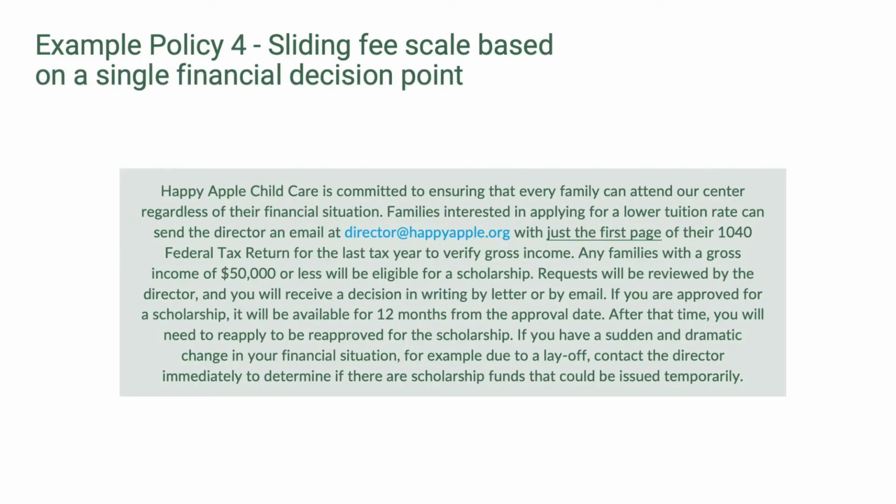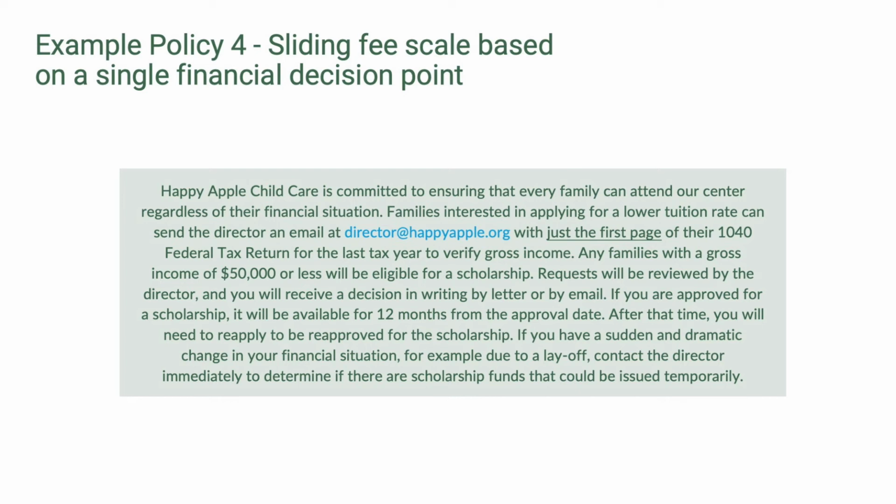Example policy 4. This is also a sliding fee scale, but one that is based on a single financial decision point, and we will get into what that is. So Happy Apple Childcare is committed to ensuring that every family can attend our center regardless of their financial situation.